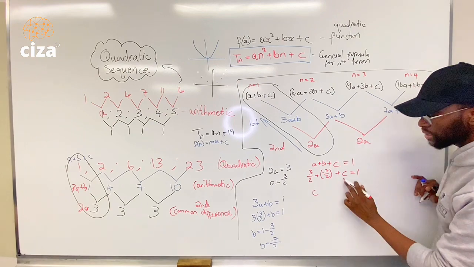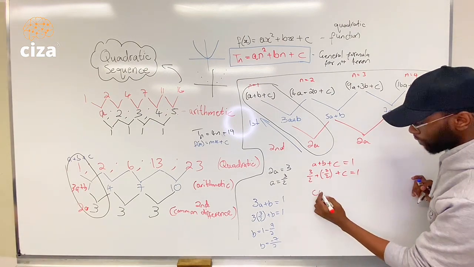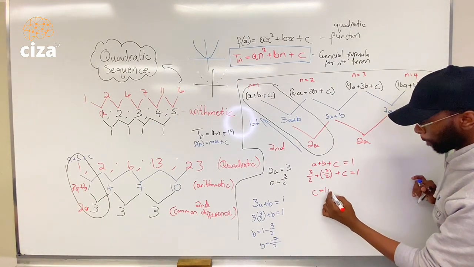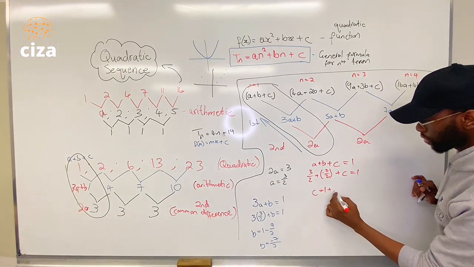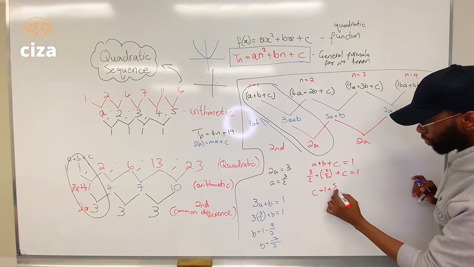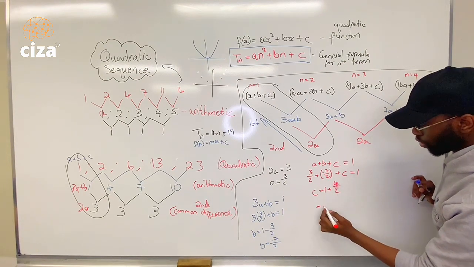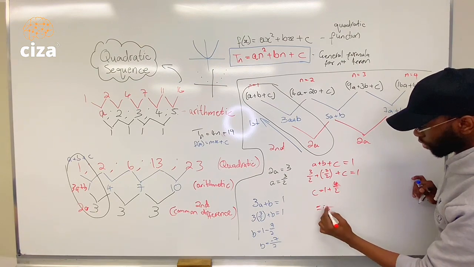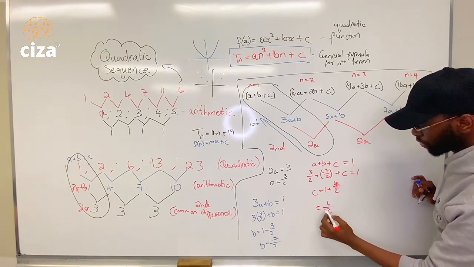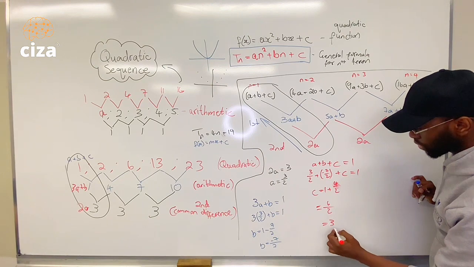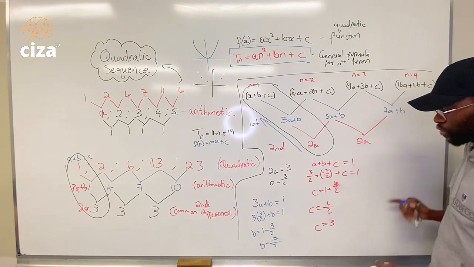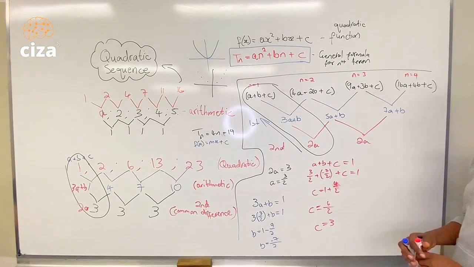And then we make c the subject of the formula, which is going to be 1 plus 4 over 2, which is 6 over 2, which is just 3. So c is equal to 3.